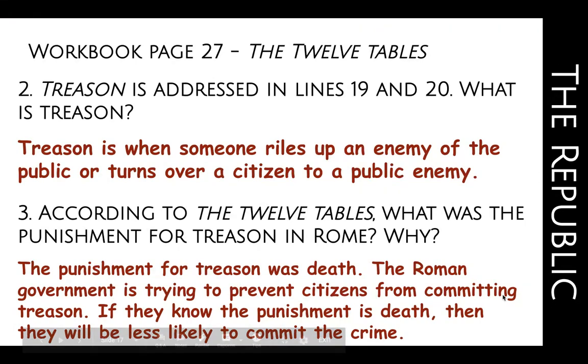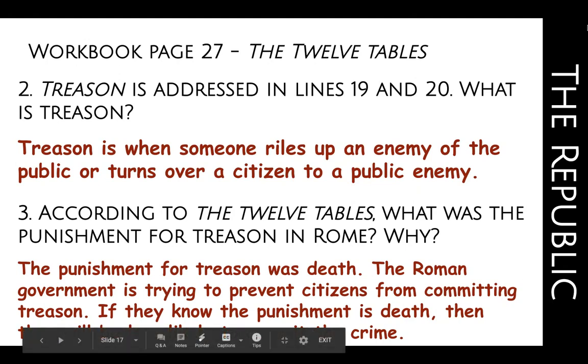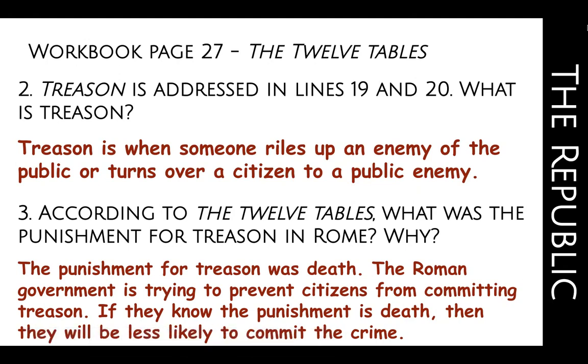And you'll see question 3. I forgot to put in the animation, so I'm giving you a freebie, so you better write it down. According to the 12 tables, what was the punishment for treason and why? Well, if you remember, we talked about this already. The punishment for treason was death. Why do you think this is?